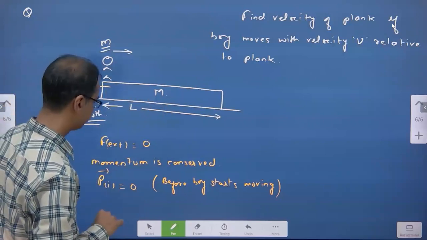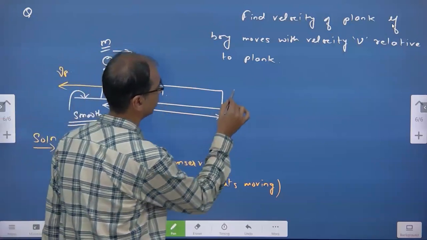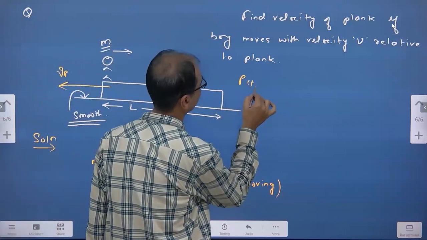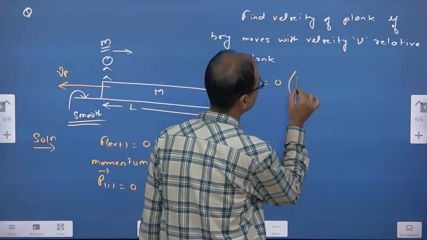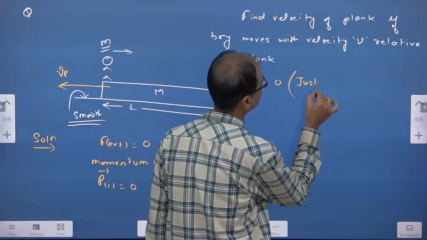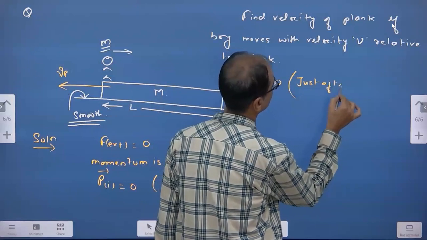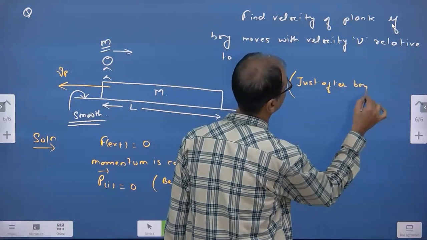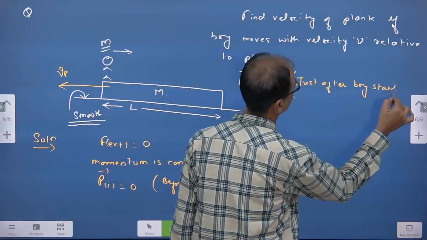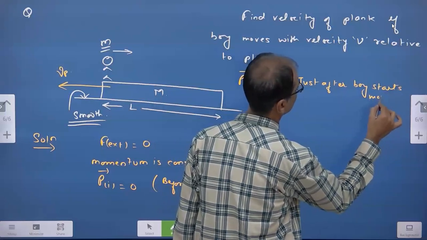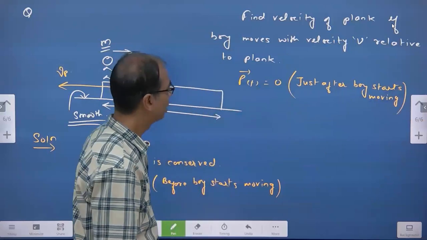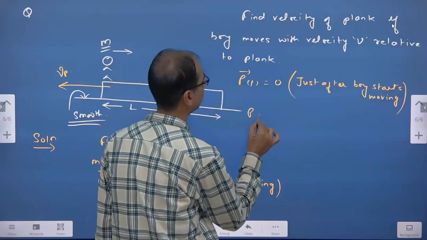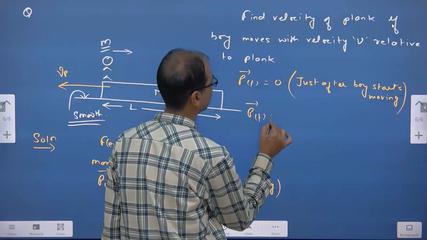So I'm writing final momentum. Final momentum also will be 0, but what is this final momentum? Just after the boy starts moving. We know both boy and plank have started moving.